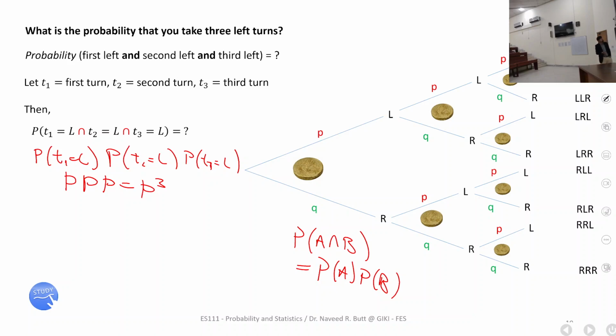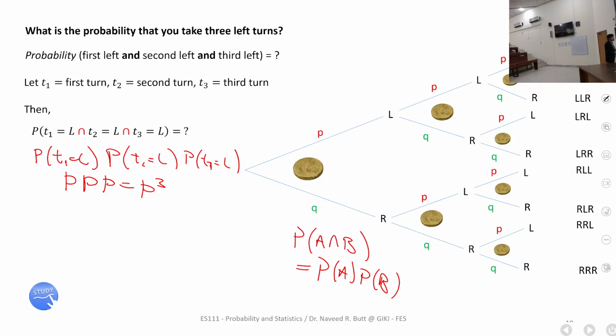The probability that you take 3 left turns is P cubed. Now in our case P was 1 by 2, and 1 by 2 cubed is 1 by 8. There it works. But if P is not 1 by 2, you cannot just count and say it's 1 out of 8 possibilities.